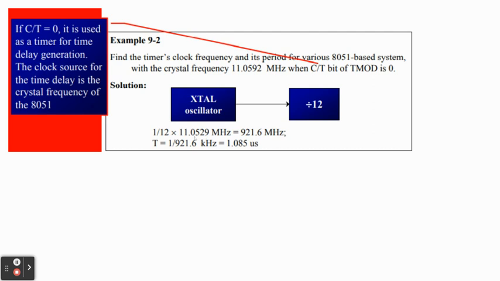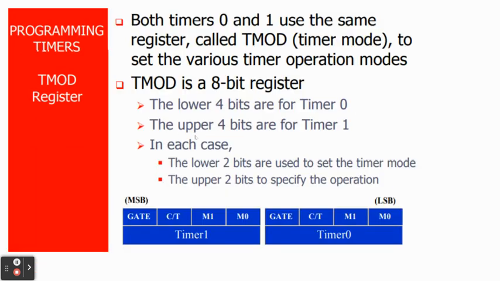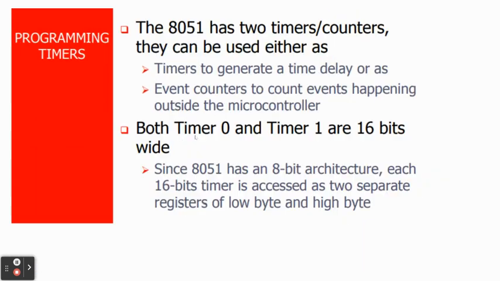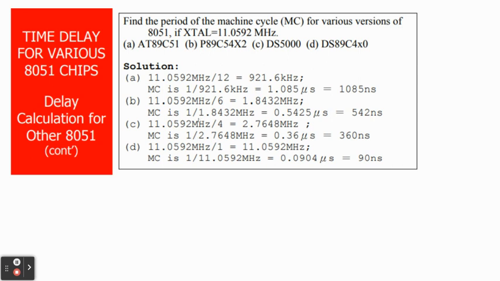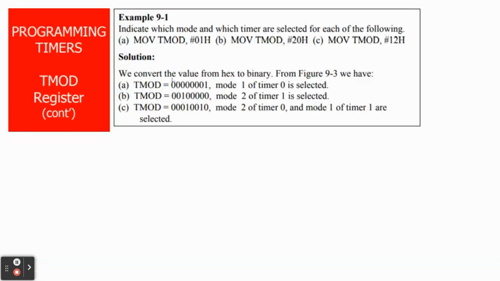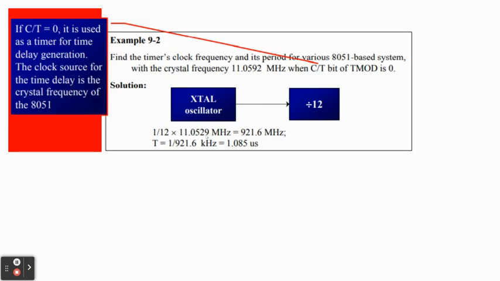Actually, this is 0.0952, I think. So let's go back to the original sample here. It's supposed to be 11.0592, and this is not actually 529.